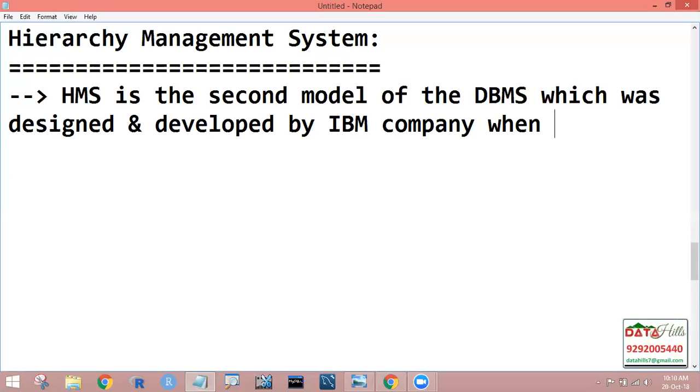What is that project? It is an information management system, that is the IMS project in 1960s. At the time of developing it, they developed this hierarchical management system.